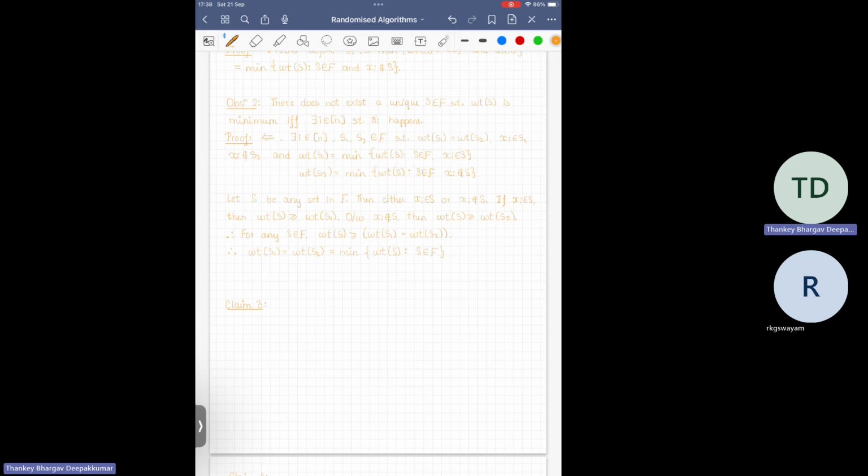Because there are two minimum sets, S1 and S2. So is this fine? Yes.